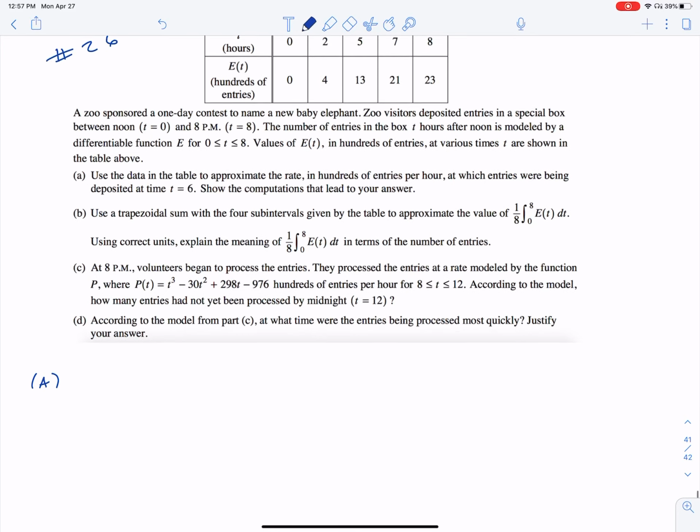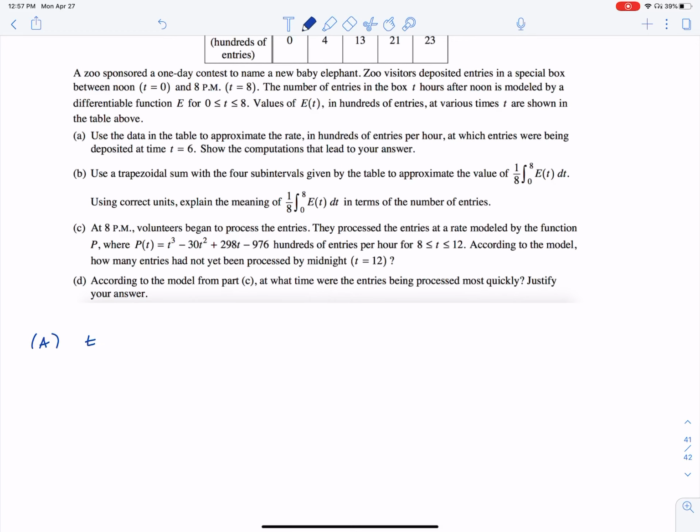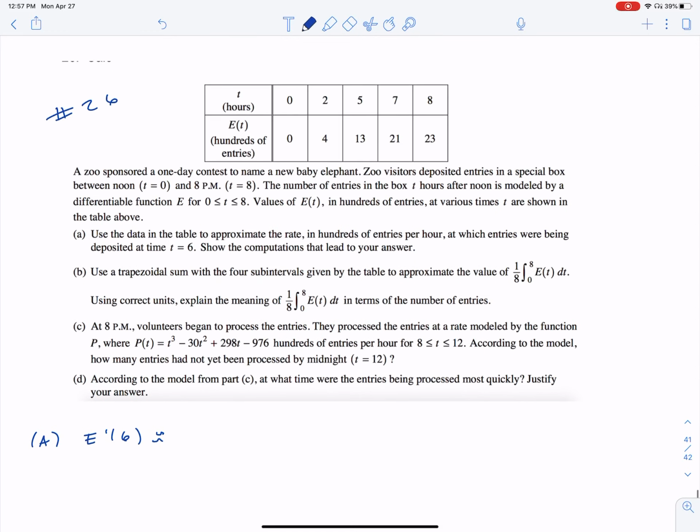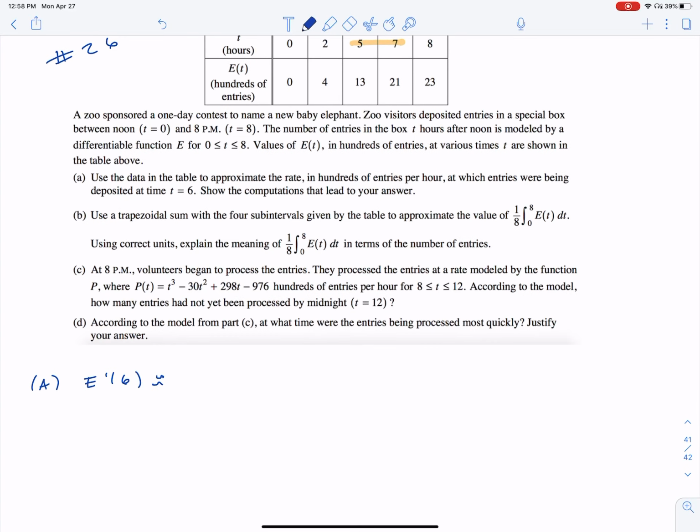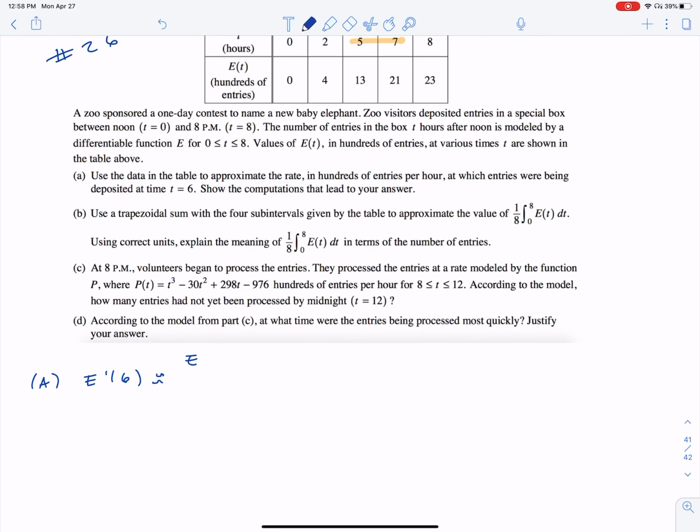So in other words, I'm going to say E prime of 6 is approximately, and what I'm going to do is use the slope between 5 and 7, because 6 is between 5 and 7, in order to approximate that rate. So I'm going to find the slope between those two values.